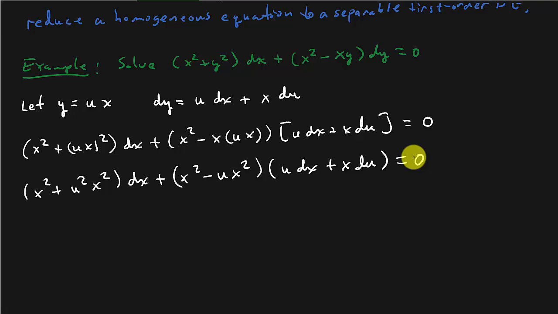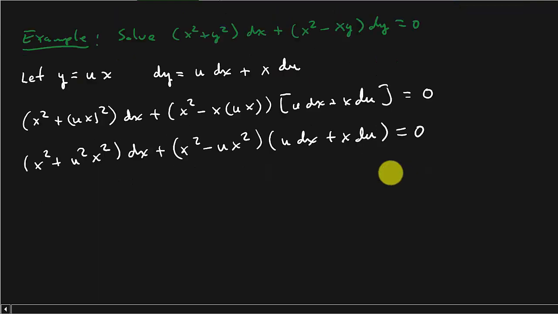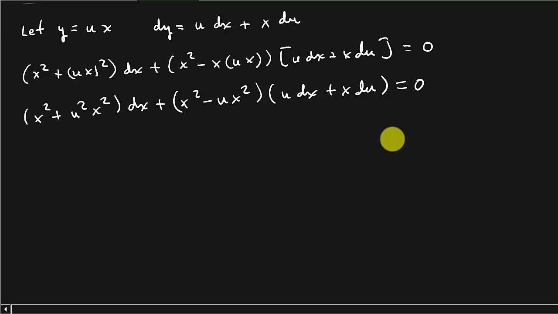Now what we need to do is see about simplifying this. So let's start simplifying. Let's see what we've got here. We can do x squared plus u squared x squared dx plus, now let's go ahead and multiply this out.